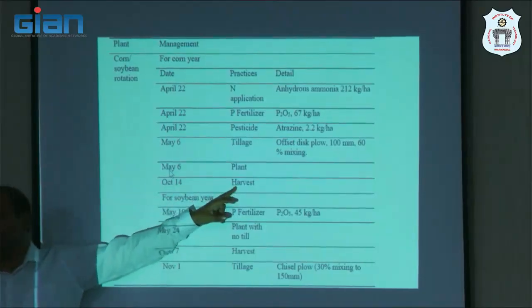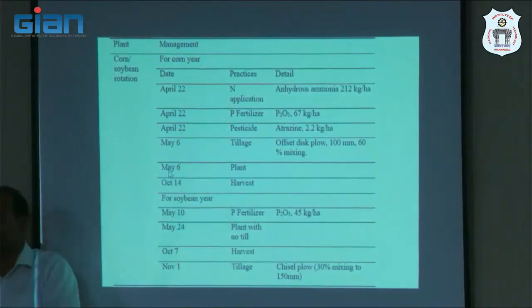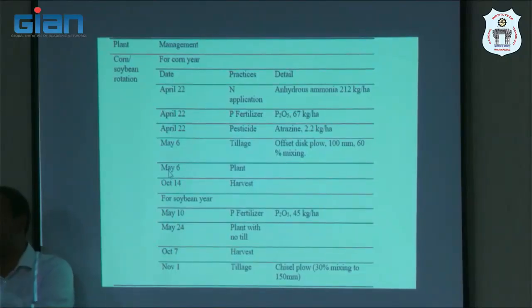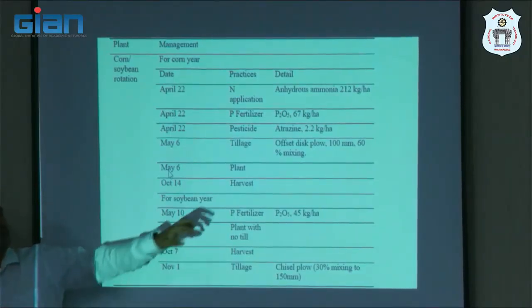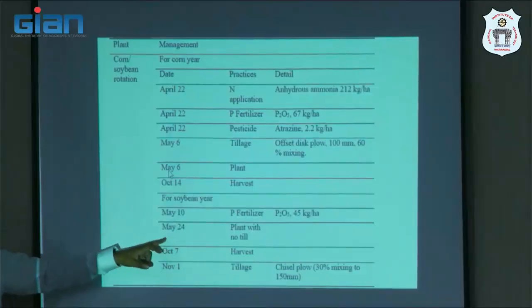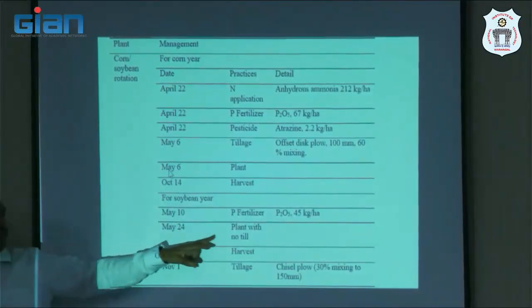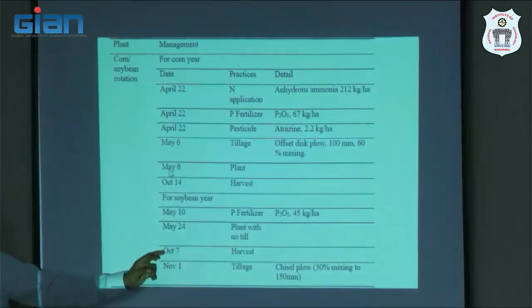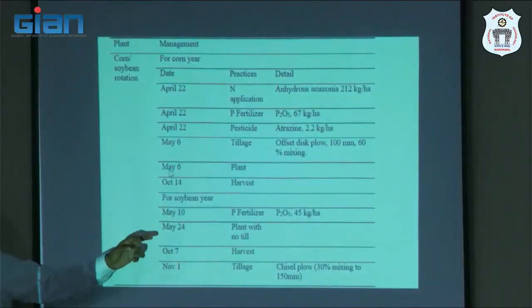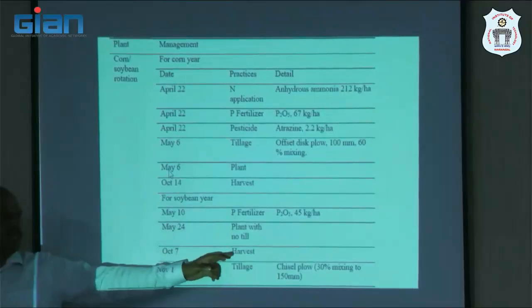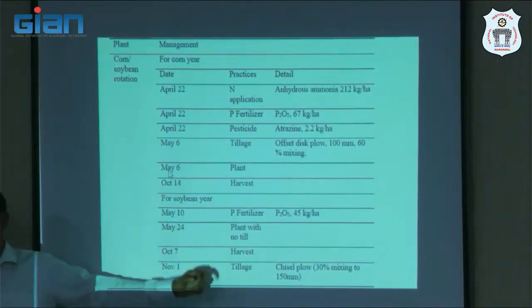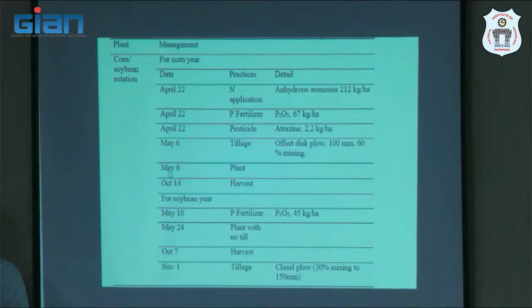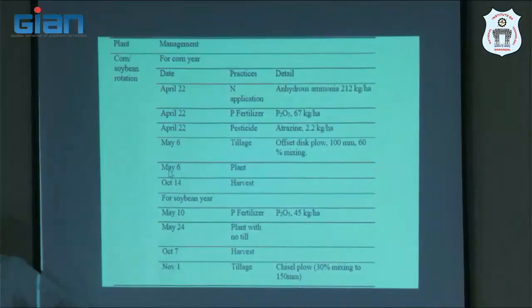You are only harvesting the biomass, not killing the plant, so that gets added into the soil organic matter. In between nothing happens, it is mostly rain-fed. October 7th is harvesting, and after harvest, on November 1st, you do a tillage. You want to remove the soybean plants, and that's the tillage with a chisel.